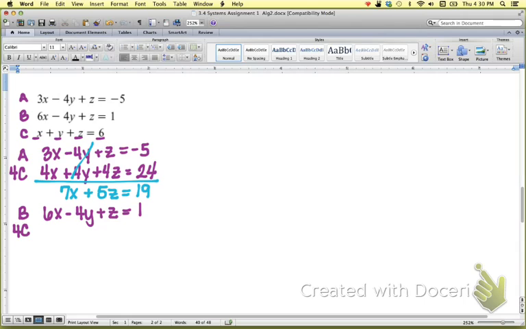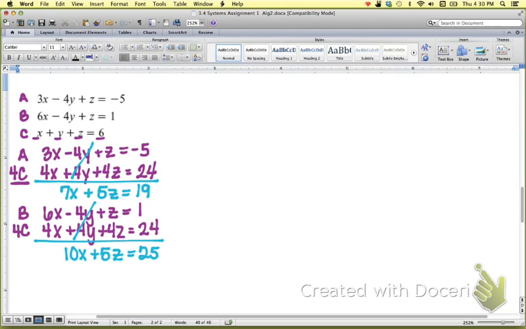And remember up here, I've already done 4C, so I'm just going to recopy what I already did there. 4x plus 4y plus 4z equals 24. Again, if we set it up correctly, our y's should eliminate, and we can see that they will. So we now have 10x plus 5z equals 25.